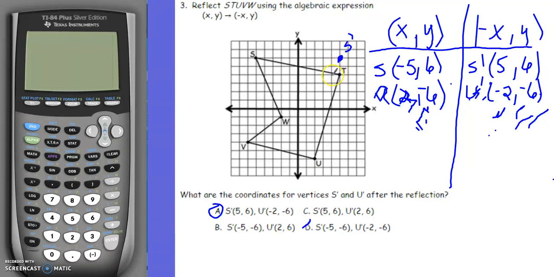And this one is 1, 2, 3, 4, 5. This is T prime. So that connects to that. W is 1, 2. And then we have V, which is 1, 2, 3, 4, 5, 6.